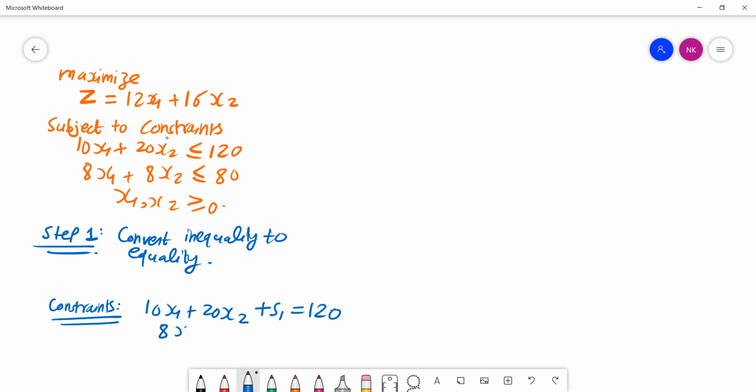And another will be 8x1 plus 8x2 plus s2 equals 80. This is how I have written the constraints, in the same manner in which we used to. Over here, I will write that s1, s2 are slack variables.